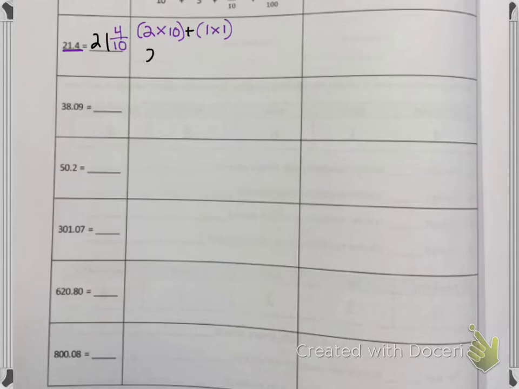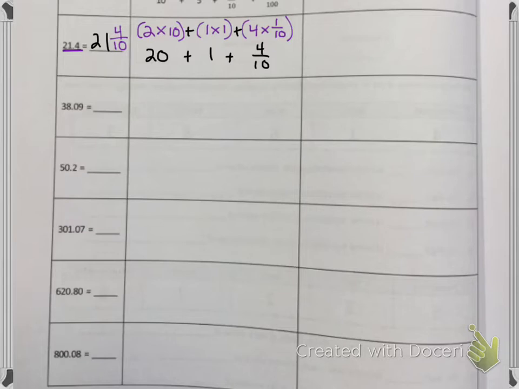You can see here this is my 20, this is my 1. So 21. Now, I'm going to add the fraction, that 4/10. So I know I'm doing 4 times 1/10, and that is 4/10. And so this would equal 21 and 4/10.